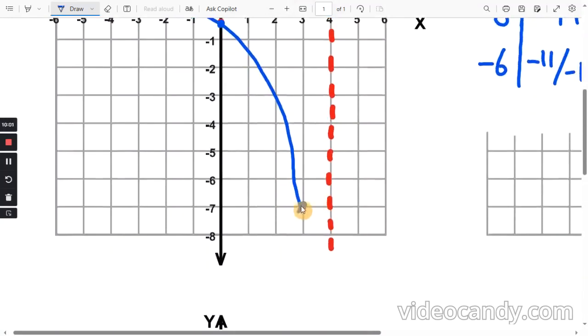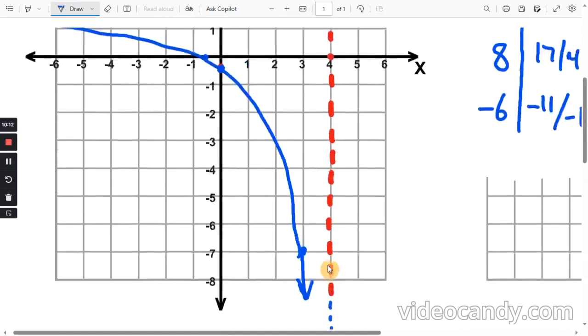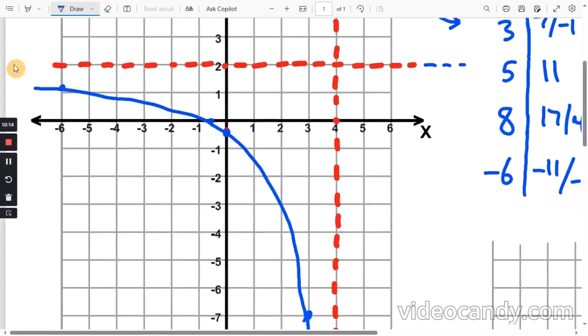All right, it's going to approach that asymptote, but never reach it. Okay, so it gets closer and closer to the dashed line, which is the asymptote, and the same thing for the horizontal one. Okay, it just gets closer and closer to that line, but it never reaches it.